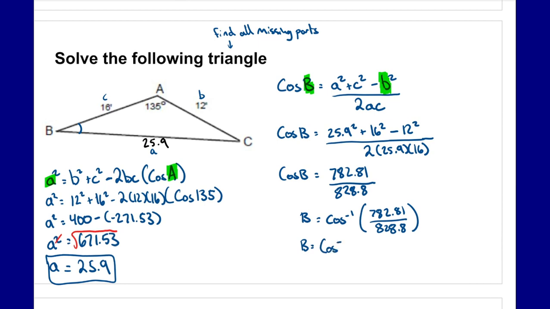But what we should get roughly is inverse cosine of 0.94, and then we find that our missing angle, or angle B anyways, is 19.95. So angle B is 19.95.